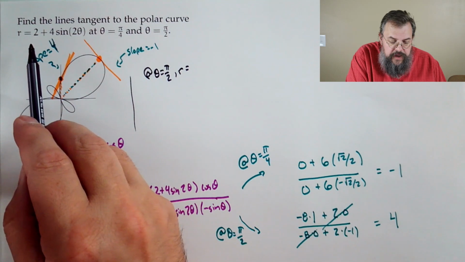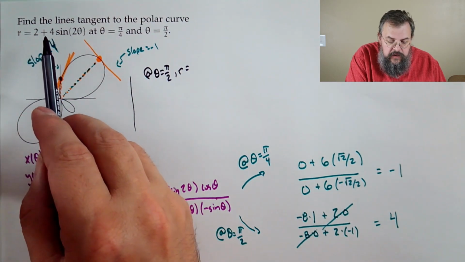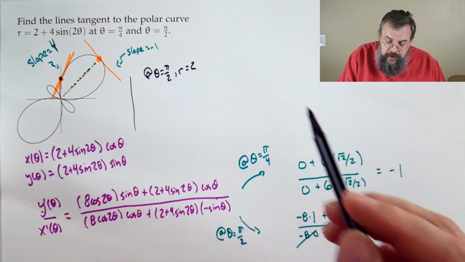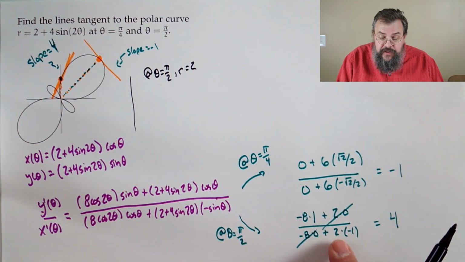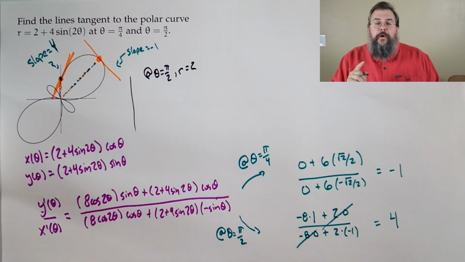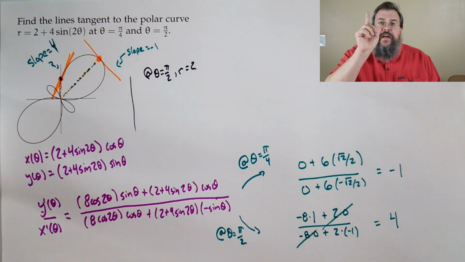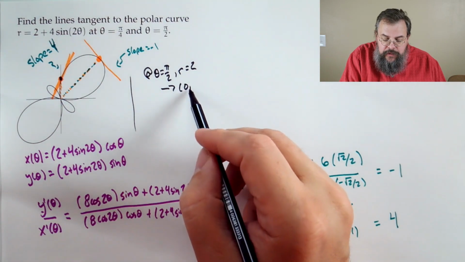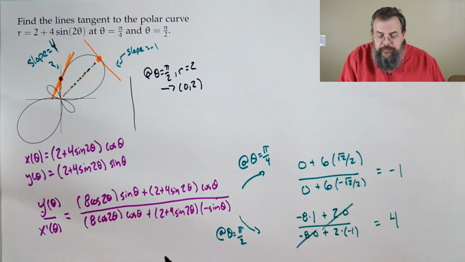Well, r will be 2 plus 4 sine of pi, so r will be 2. In fact, we already computed it. It's the same 2 that we saw over here. So at theta equals pi over 2, which is going straight up, we go up 2 steps. So we're going to the point (0, 2).